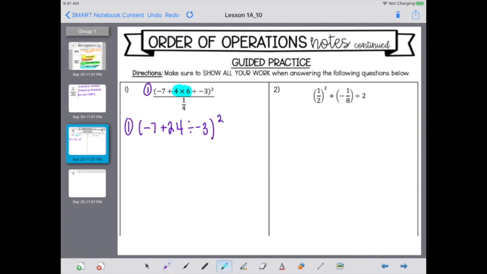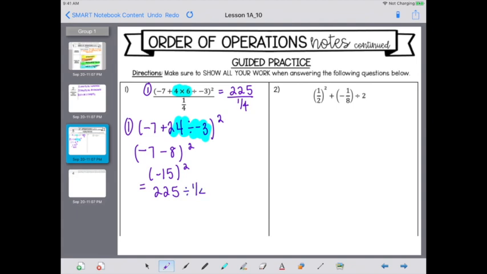So we're going to deal with division first. We're going to get -7 minus 8 to the second power. We have -15 to the second power, which is 225. Divided by a fourth is going to equal 500.